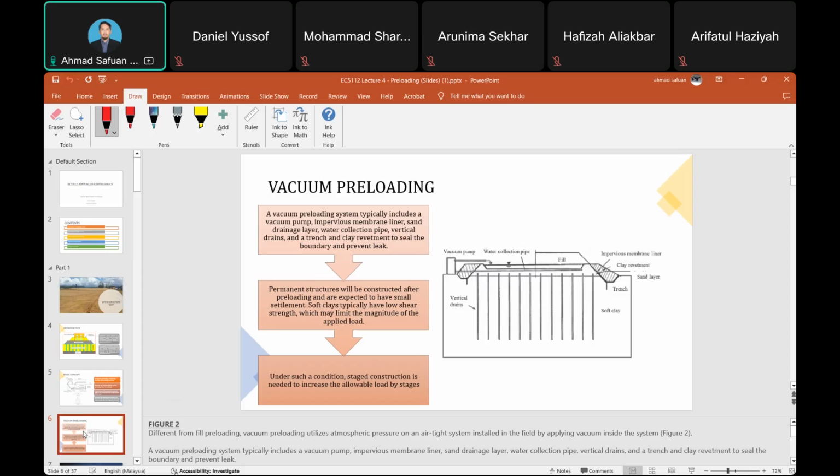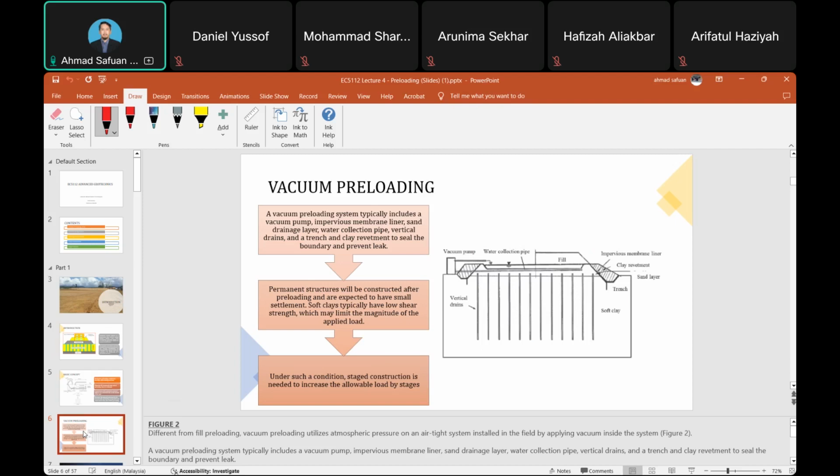When we use the atmospheric pressure, a suction activity will occur. This will suck the water out from the soft soil area.